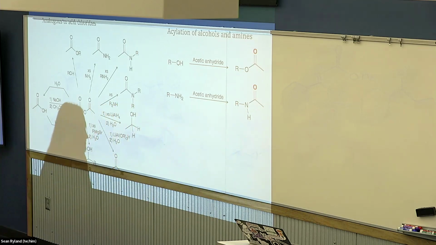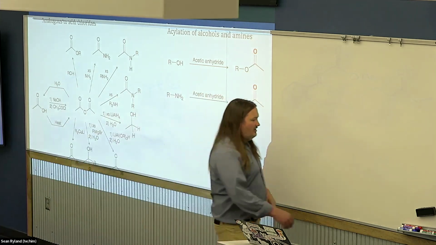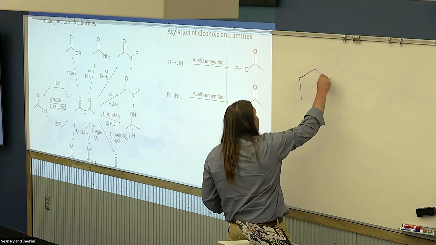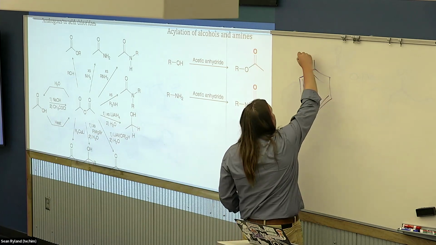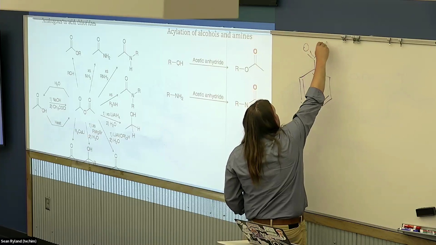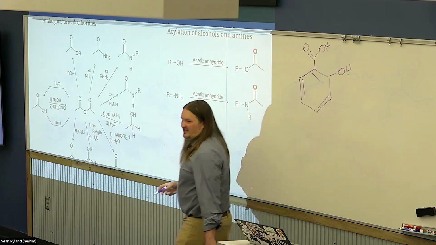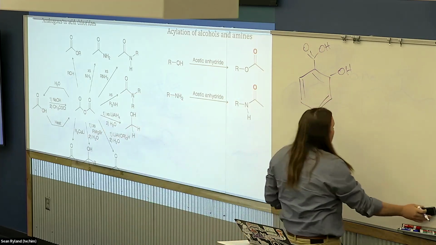Nice lovely crystals and big deal. But basically you just take acetic anhydride and you can add an ester onto any alcohol. That's actually the process of making aspirin. So salicylic acid looks like this. You expose it to acetic anhydride. This alcohol group is going to react.